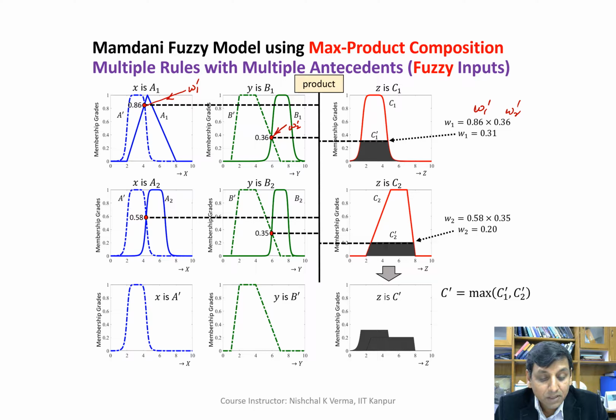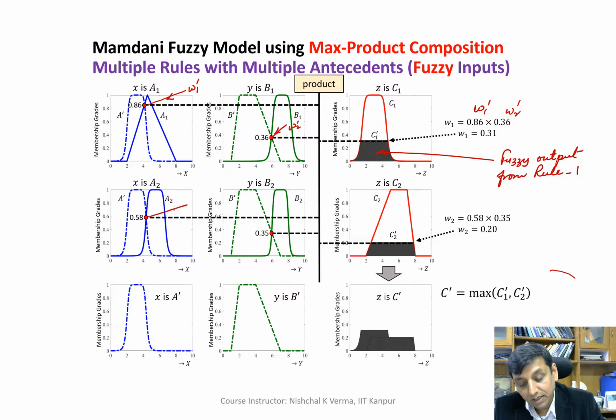Since here we are using the max product composition, we take the product of these two. So the product is going to give us 0.31, and this is the output from the rule, the fuzzy output from rule 1.